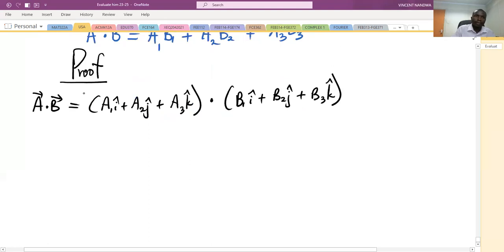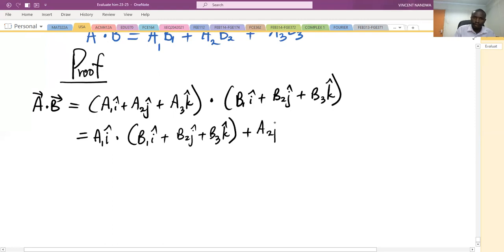Which will be given by, I take A1 i, dot with all these vectors: B1 i plus B2 j plus B3 k, plus I take A2 j, dot with B1 i, B2 j, B3 k.